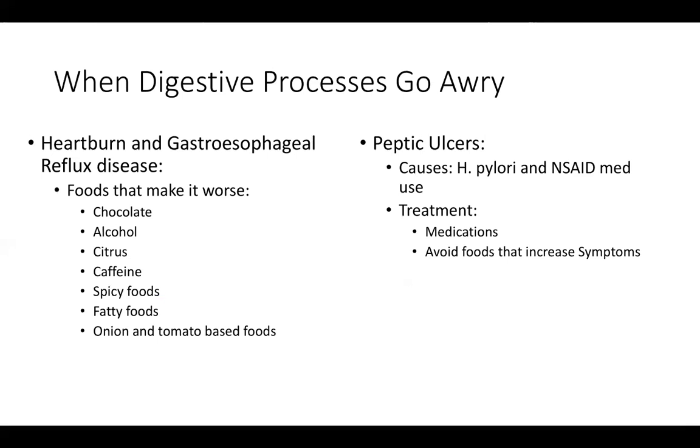Ulcers are almost like, I think of blisters that occur in the stomach. The most common causes of these are a bacteria called Helicobacter pylori, and then NSAID use. NSAIDs are non-steroidal anti-inflammatory medications, which are the most commonly prescribed drug around, especially for people over 65.